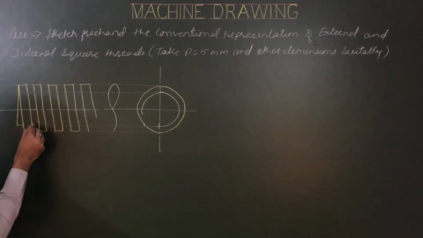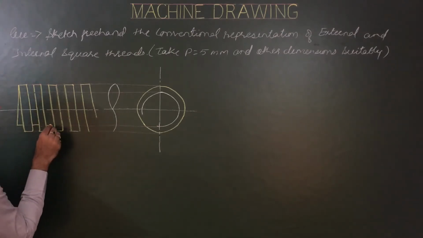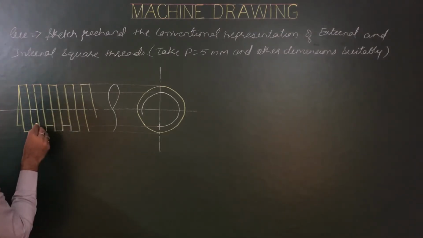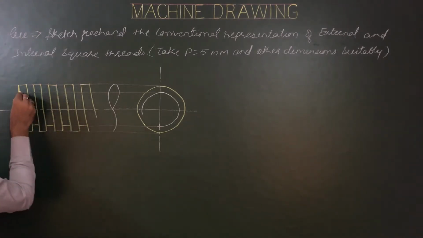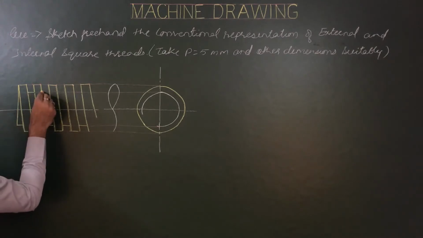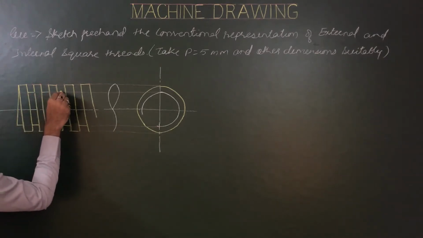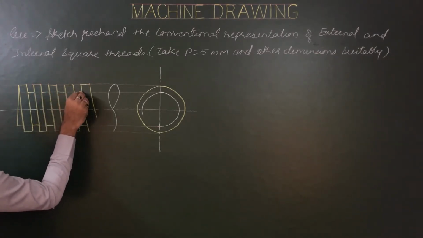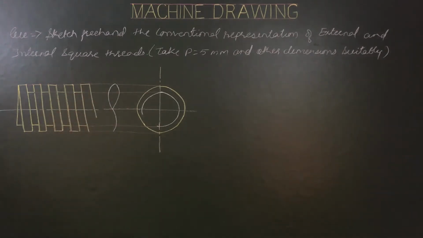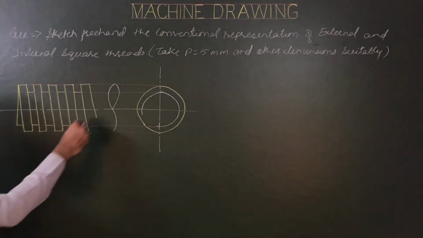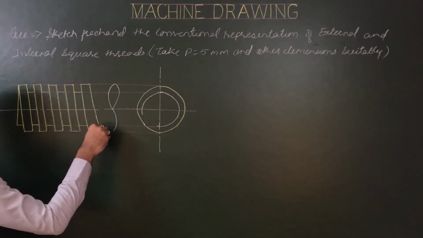Right, and internal limit. Internal means roots, or simply draw lines for roots. Right, so this is the representation of external square thread.